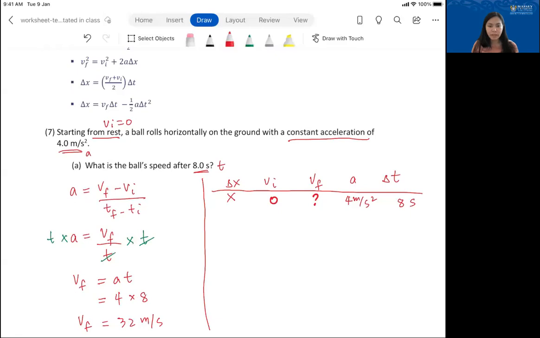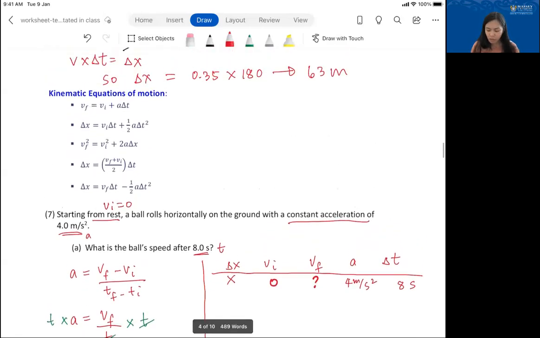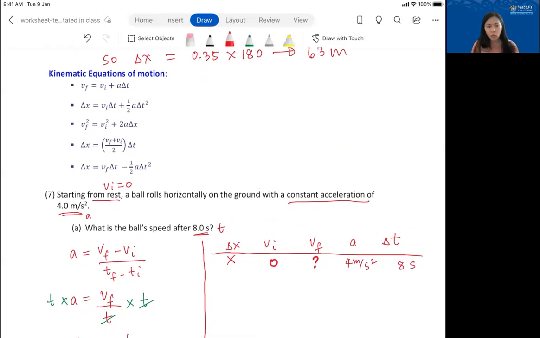Right. Okay, by filling out this table, you can then go to your kinematic equations and pick out which equation to use. Right. So which equation can we use to solve for VF? Let's say this is kinematic equation 1, 2, 3, 4, 5. Which kinematic equation will be useful for us?